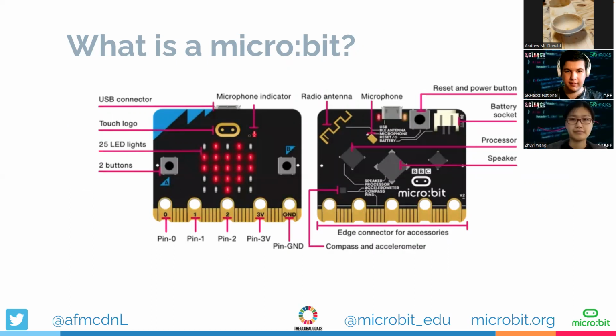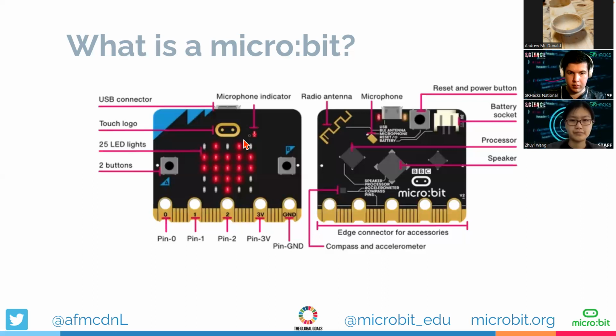So what is a micro:bit? Some of you might have done a little bit of research beforehand, but for those of you that haven't, I wanted to showcase a micro:bit up on the screen here. I'll show you in my video in a few moments. What's a micro:bit, and what are some of the things that it has on board?